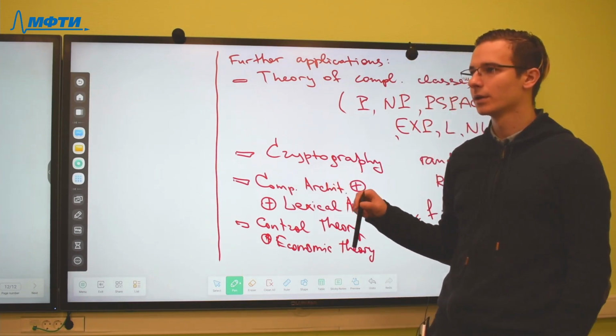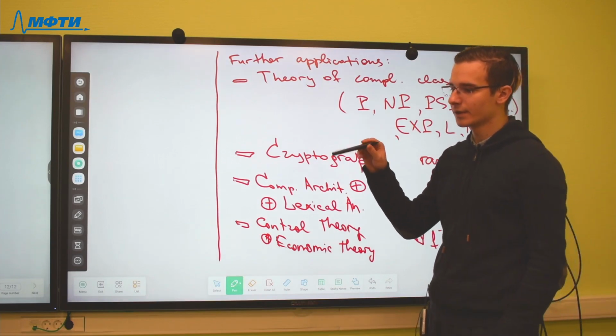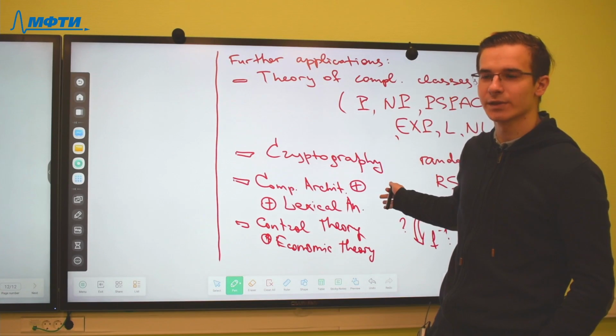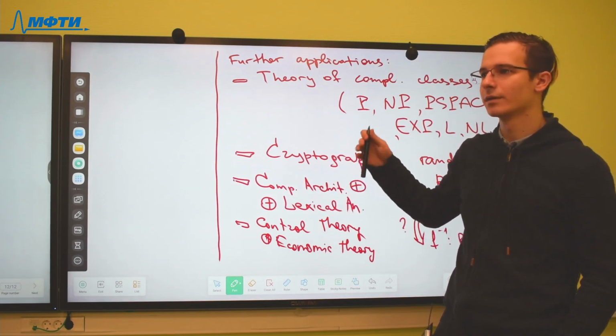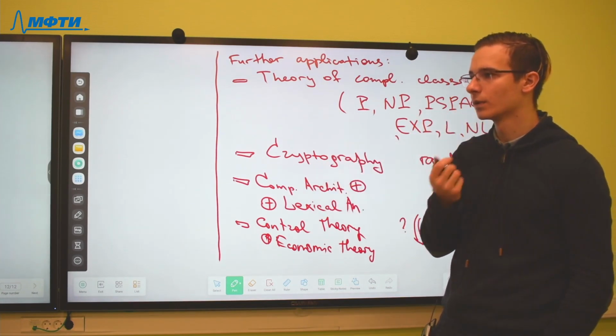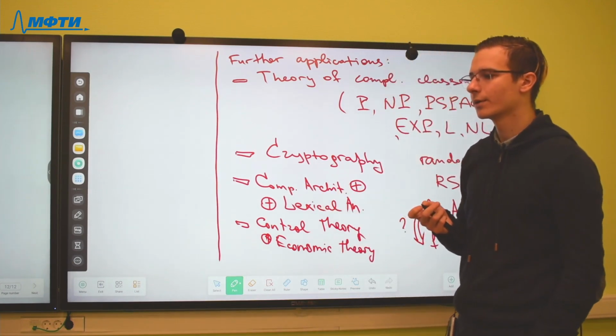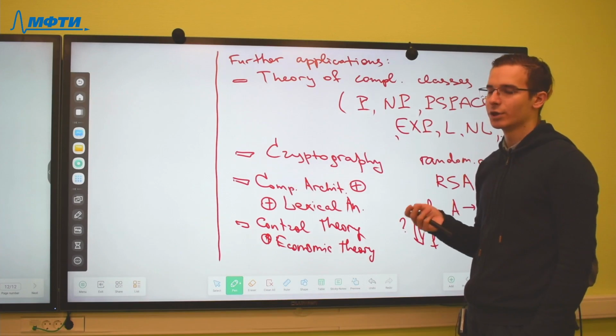So you can say that the state of your economic system is the state of a finite automaton, and then use it to explain how your system changes.